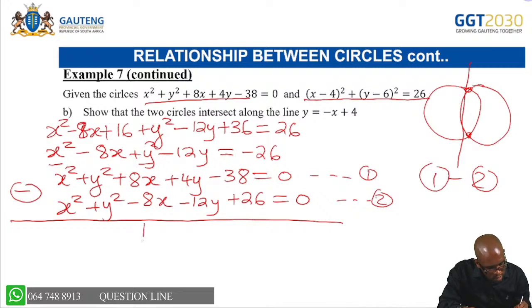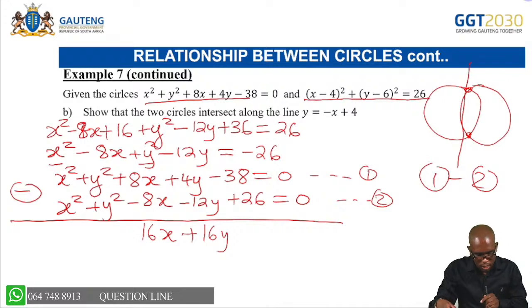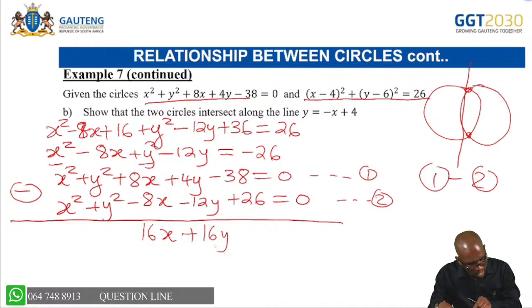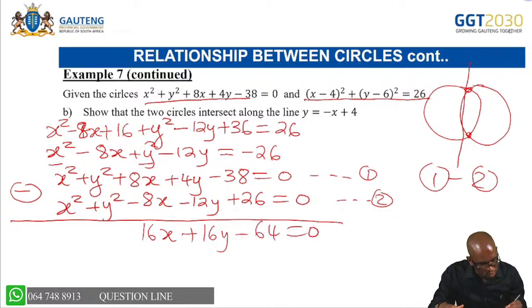This would give us 16x, and then 4 minus minus 12, that would be 16y. And then we'd have minus 38 minus 26. That would give us minus 64 is equal to 0.